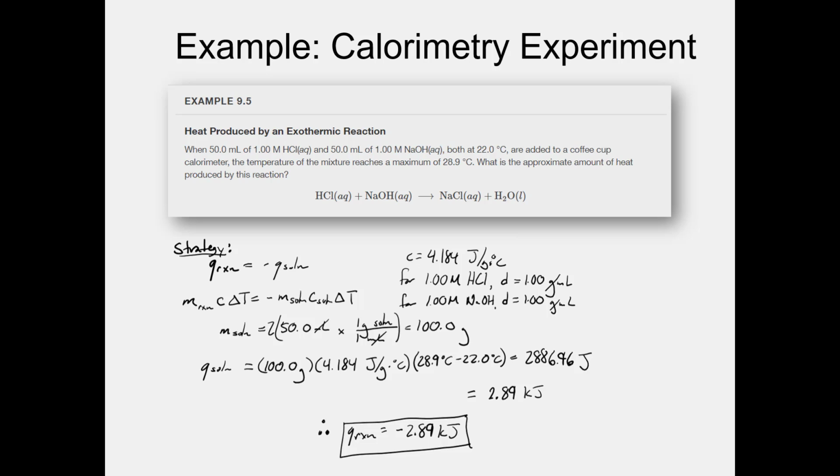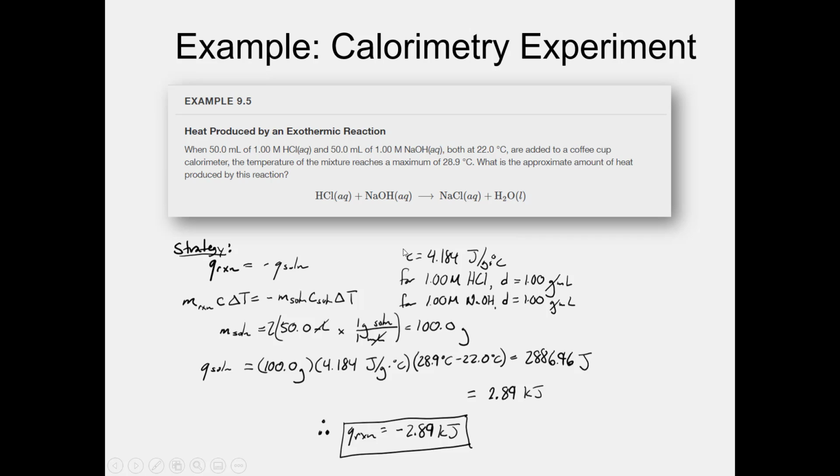In general, if you have a solution that's in water, we'll be dealing with a concentration that's going to be dilute enough, 1 molar or less, that you can assume that the density of an aqueous solution that's placed in a calorimeter has the same density as water.